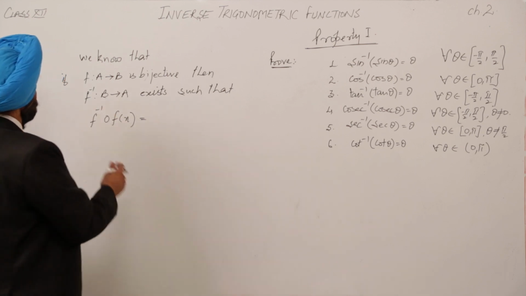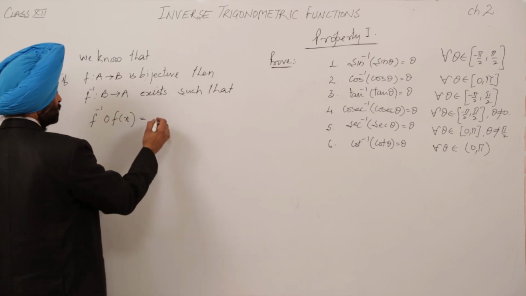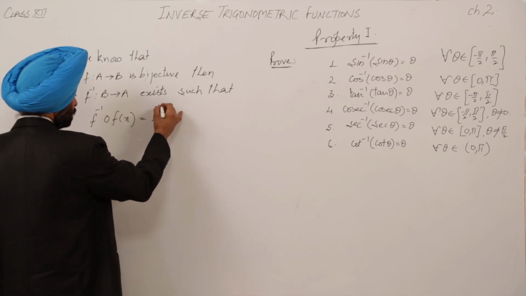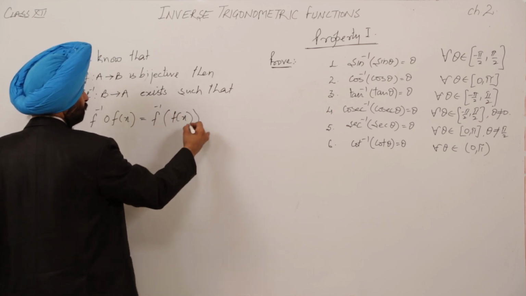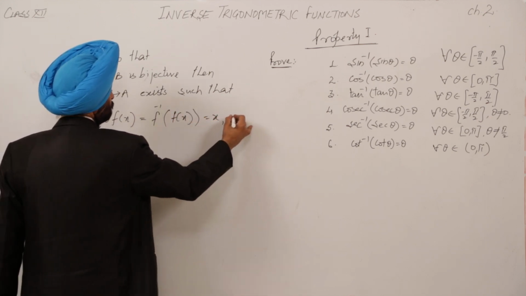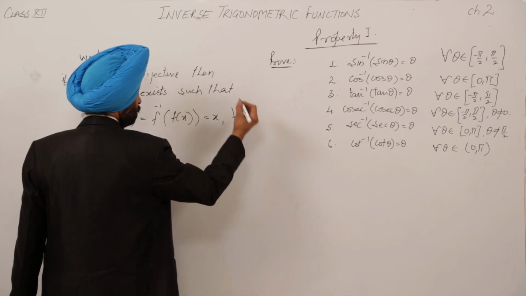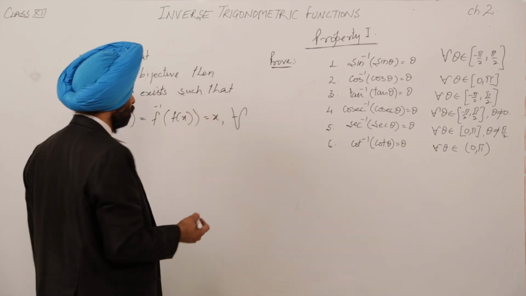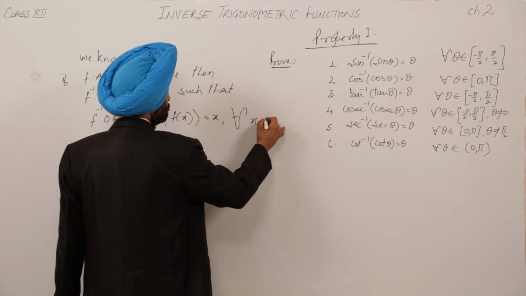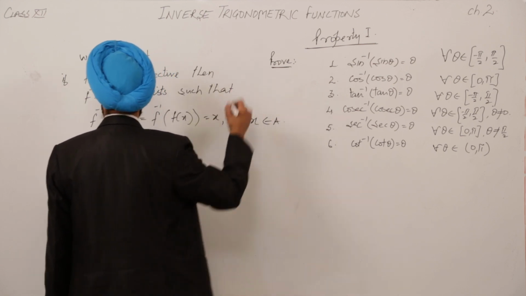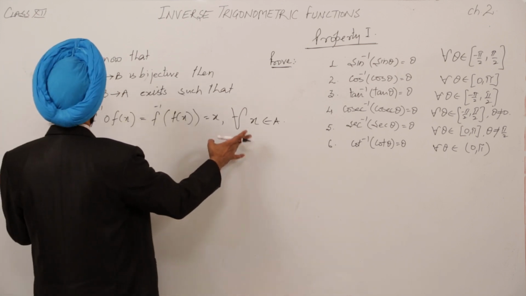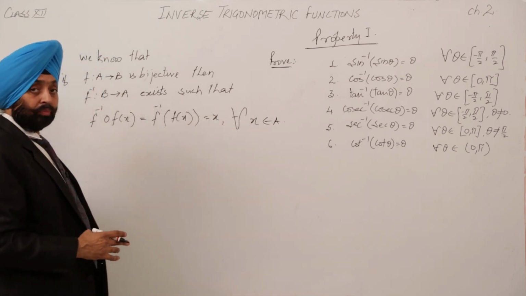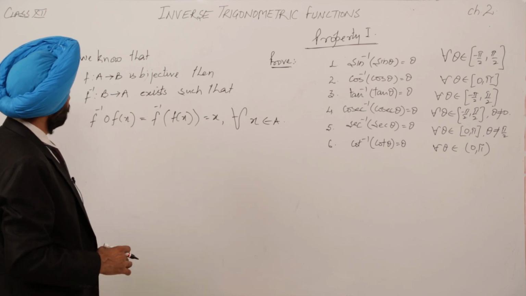So f inverse of f of x is equal to x for all values of x where x belongs to set A. This was the basic thing for the inverse part, which we have proved.